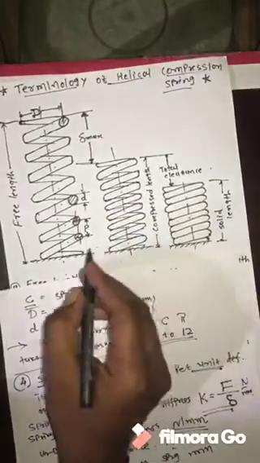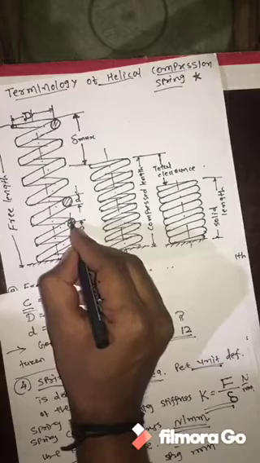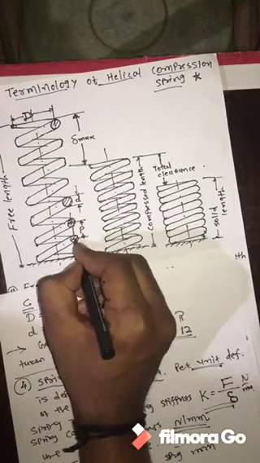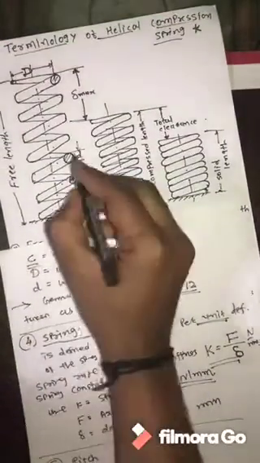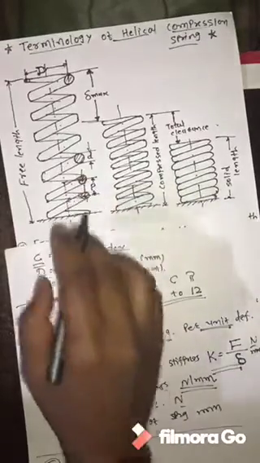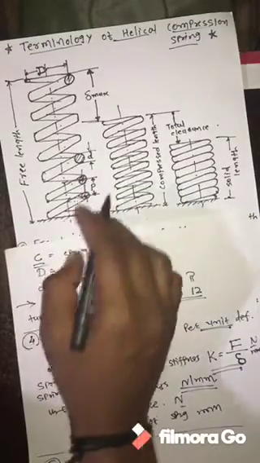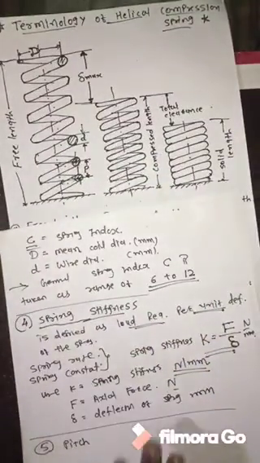Suppose this is an uncompressed condition, and at that condition the wire diameter D is in consecutive condition. So the definition of pitch is the axial distance, parallel to the axis, between the adjacent coils in uncompressed condition.